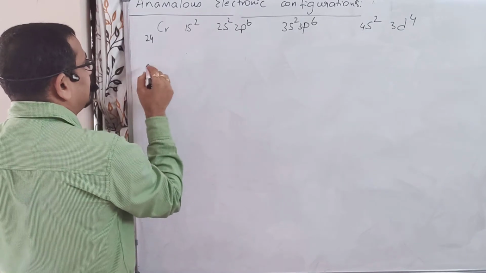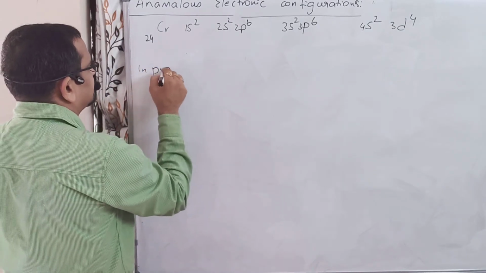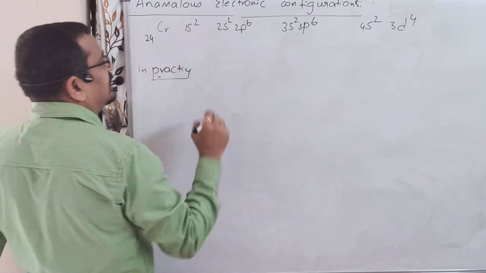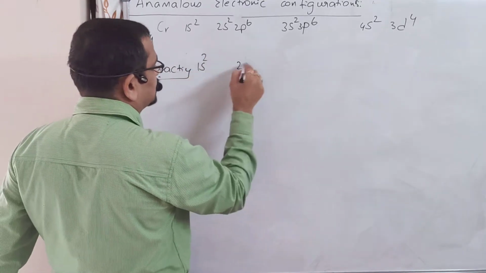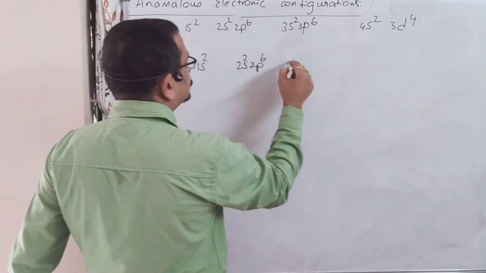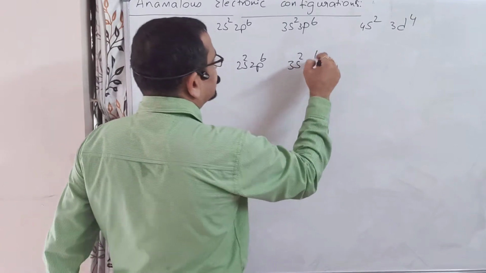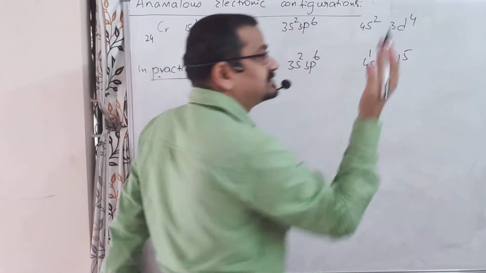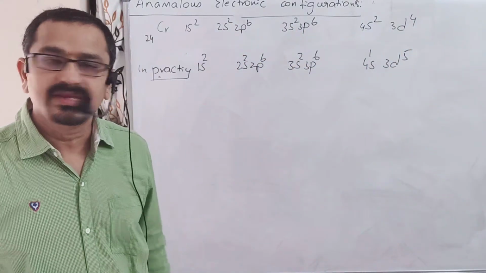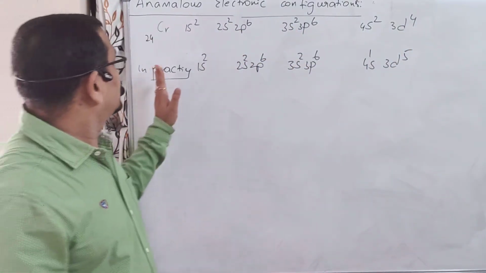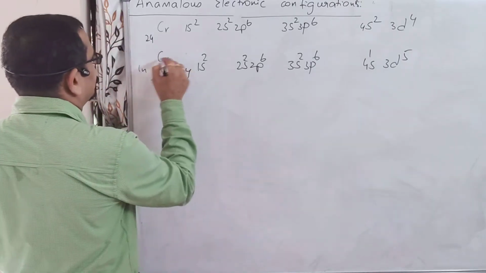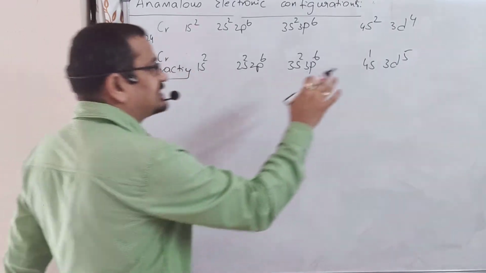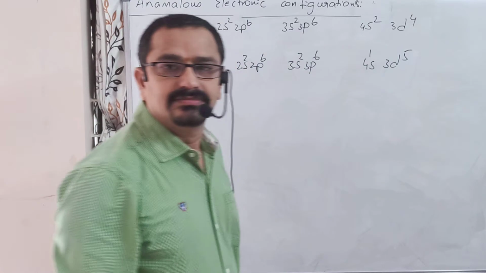in practice, what was noticed? 1s2, 2s2, 2p6, 3s2, 3p6, 4s1, 3d5 was observed practically. The arrangement of electrons in chromium 24 in practice was observed as 4s1, 3d5.